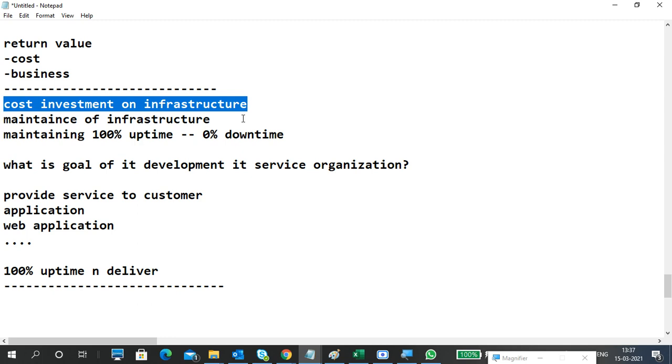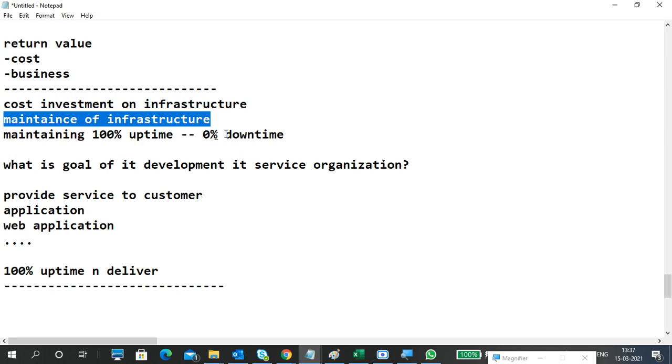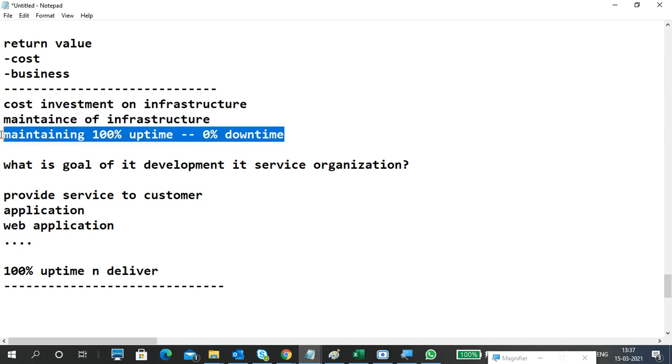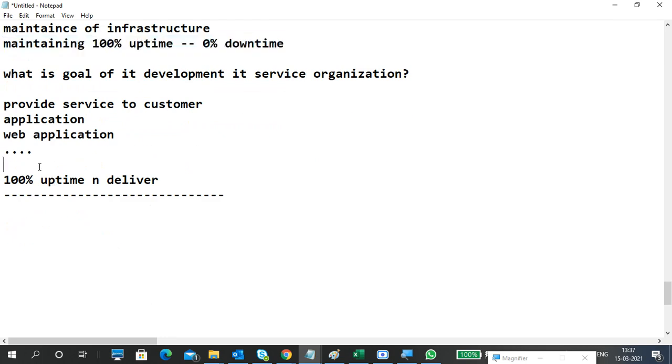Cost of investment on infrastructure, maintenance of infrastructure, maintaining 100% uptime and 0% downtime, and the service must be easy to deliver to the customer, 100% easily. So these are the challenges of your regular IT organizations.